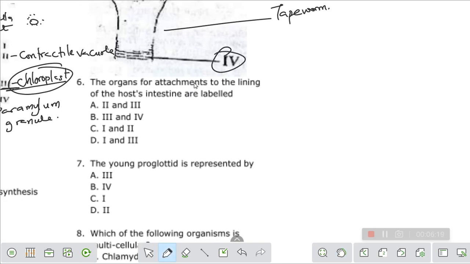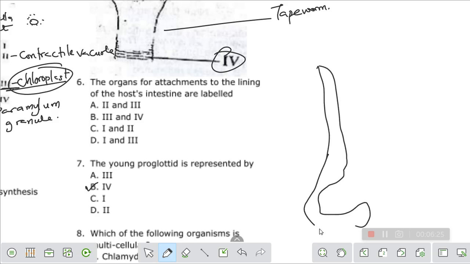So that's just it. So that's the young proboscis, that's the 4.